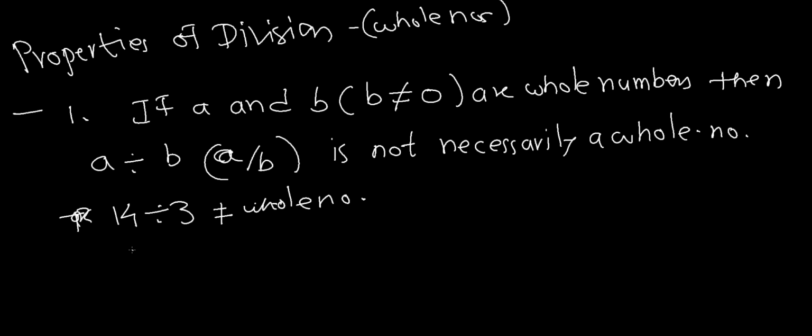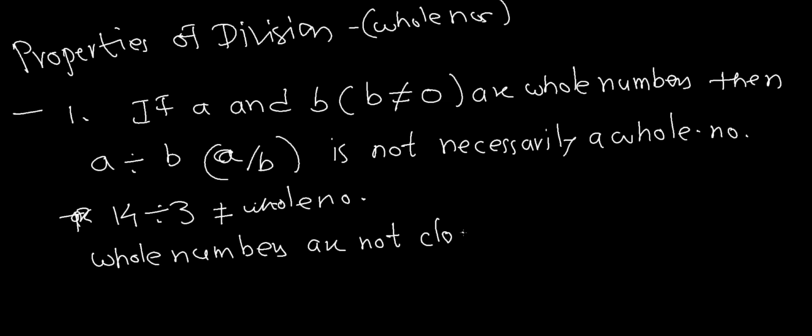So basically, or in other words, whole numbers are not closed for division. Closed means if we divide two whole numbers, we get whole numbers.